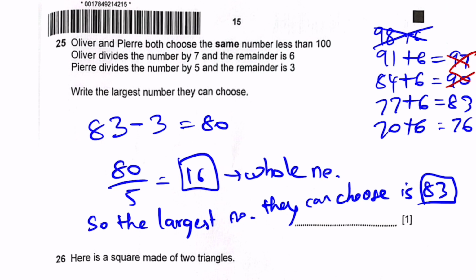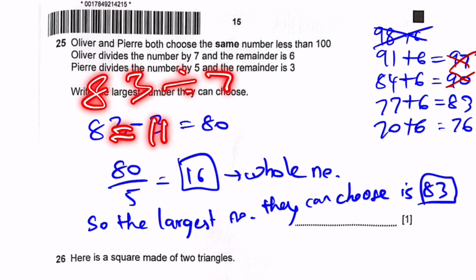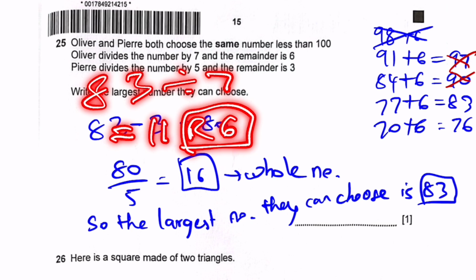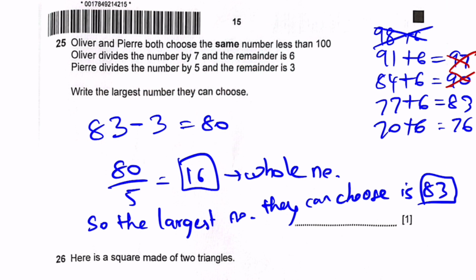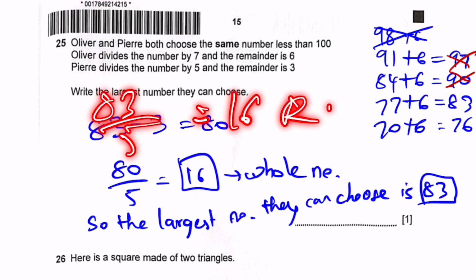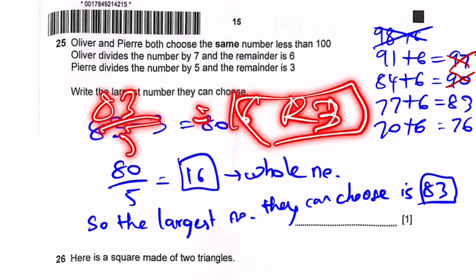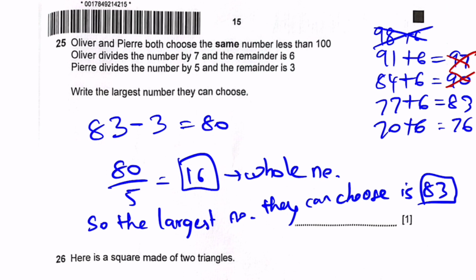Let's check. 83 divided by 7 gives 11 with a remainder of 6. Remainder 6 is correct. Now 83 divided by 5, we get 16 with a remainder 3. Remainder 3 is also correct, and that's why the number is 83. That's the answer.